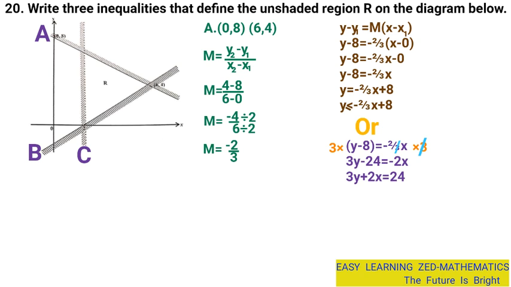Once I've done this, I've found the equation that can also help me to draw that line. So now I'm going to change this one into inequality. I'm going to write 3y plus 2x is less than or equal to 24. That is the other inequality that you can come up with if you use this way.